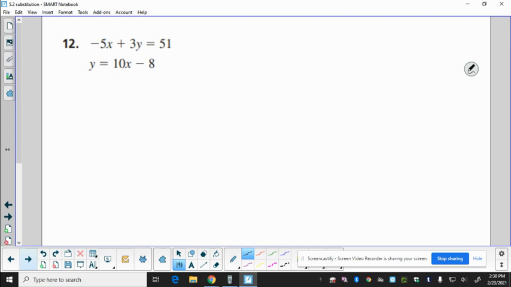Once again, I need to look for the equation that's been solved for a variable, and I see it's right here. All of that goes in place of y, so I'm going to rewrite this equation. Negative 5x plus 3. Now y gets replaced with 10x minus 8.